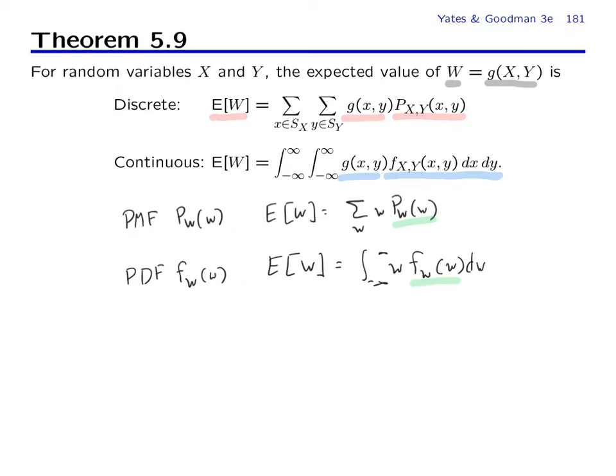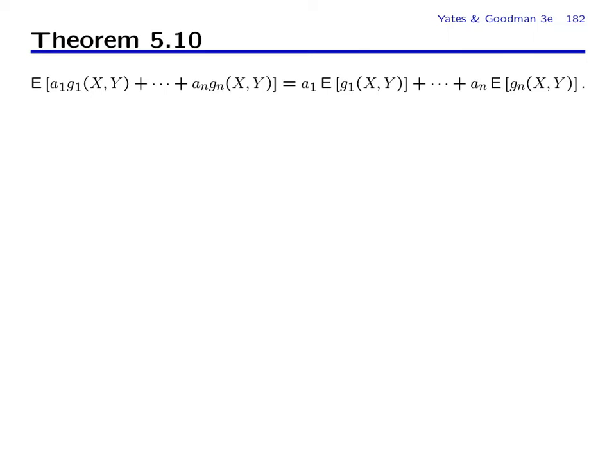The two things are really the same, and you can show that in fact the fundamental way of first calculating a PMF or a PDF and then either summing or integrating is in fact completely equivalent to doing this averaging directly with the g of x, y function. So our new theorem is really powerful, and in fact it lets us develop formulas for calculating expected values that build on the original formula to calculate more complicated things.